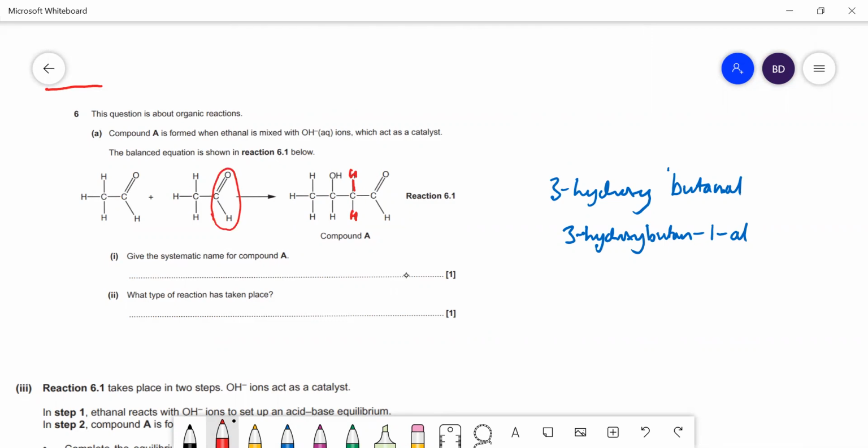But these hydrogens, that's where the red hydrogens have come from. So what has happened is that hydrogen has gone, and that carbon has attacked that carbon because it will have a negative charge. You lose a proton, and then that's going to go in there. Well, what kind of reaction is that? You probably recognize it as being a nucleophilic addition reaction.